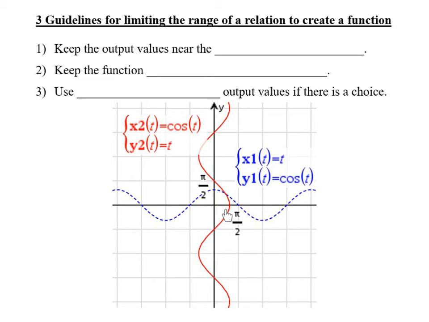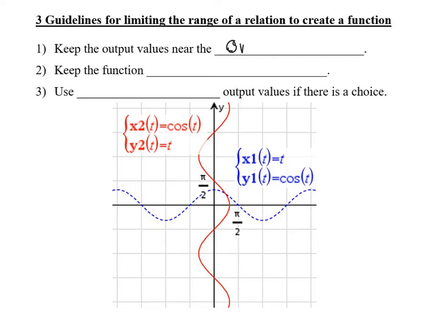We need to restrict its range, all right? And we actually have some guidelines, as you can see when you look at your class notes and example sheet at the top. There are guidelines for limiting the range of a relation to create a function. The first guideline is that we want to keep the output values near the origin.